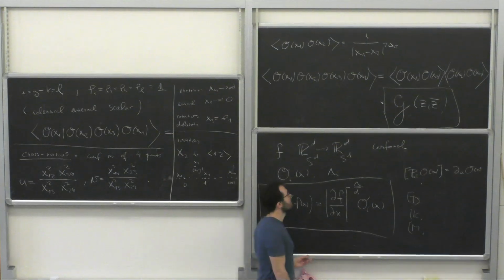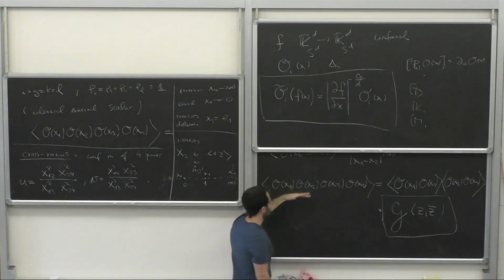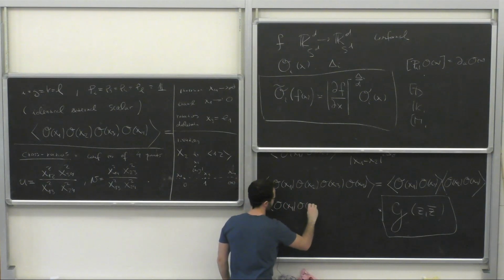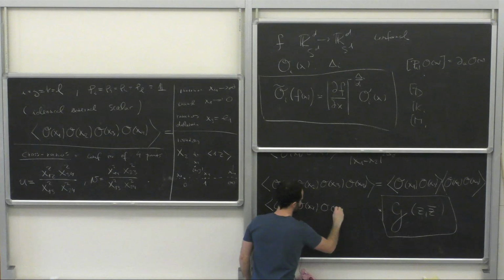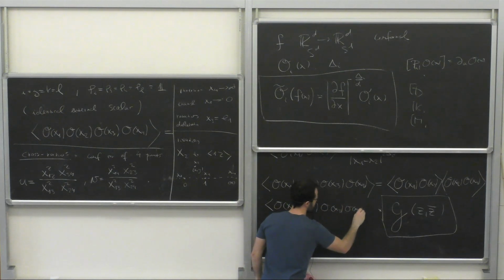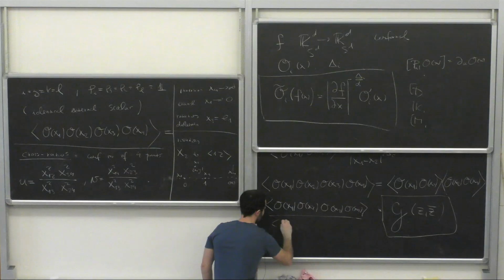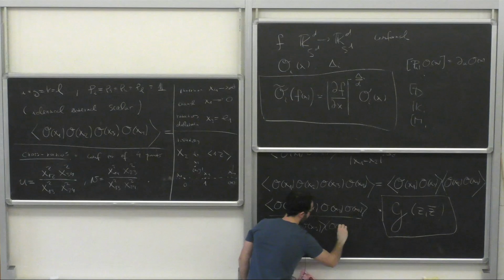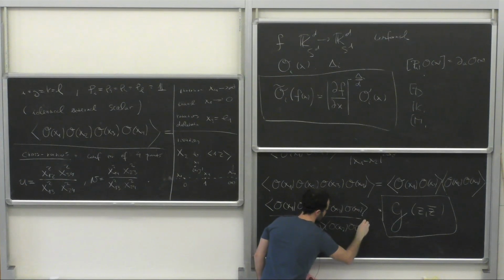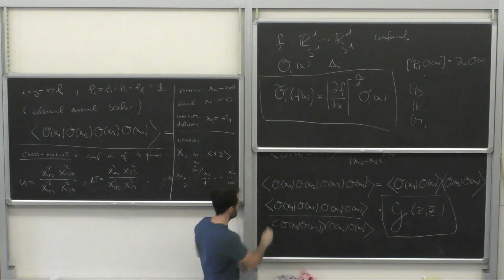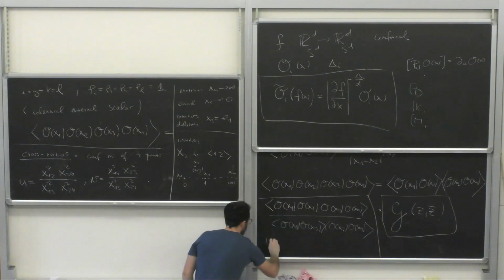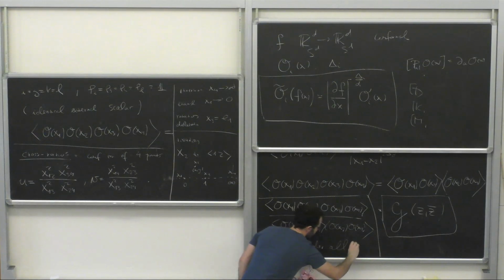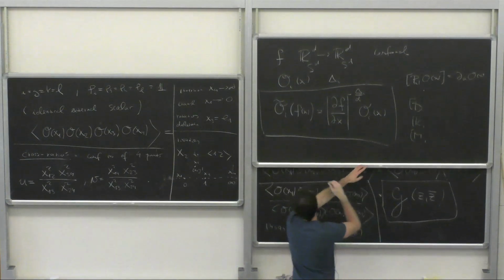Right. So now, what is the logic? Well, the logic is we want to show that this ratio is invariant. The only thing that I said so far which was non-trivial is that this ratio is invariant under all transformations of this form.